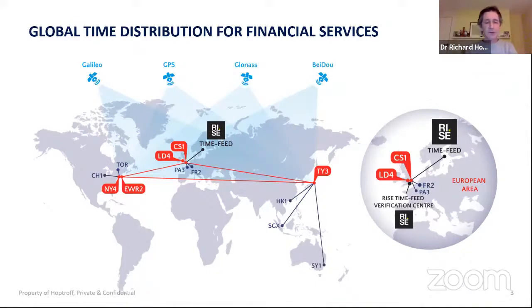And then in order to have some resilience against satellite failure, we've also got a landline from the RISE Standards Institute in Sweden. These timing networks all reference each other, and then in a sort of hub and spoke network, deliver time out to where our customers need it.